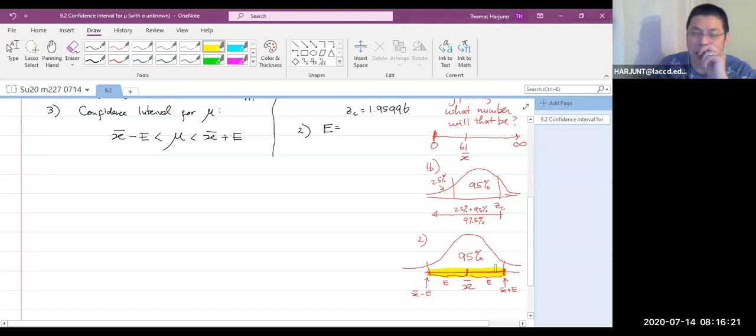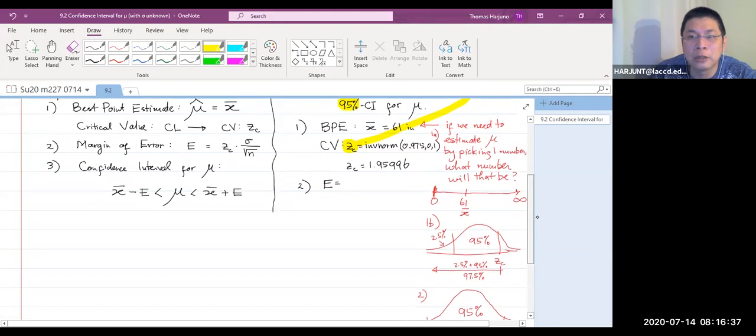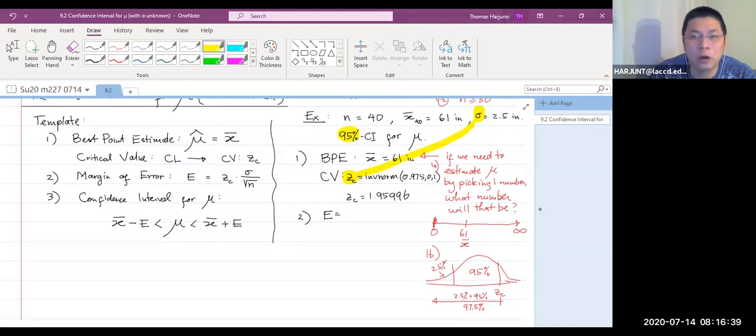Now, because of the nature of the normal distribution, the further it is from the mean, the less likely for that to happen. We try to benefit from that. So, is it possible, Thomas, that the population mean of West LA College students' height is less than 50 inches? It's possible, but the probability is so small that I will not believe it.